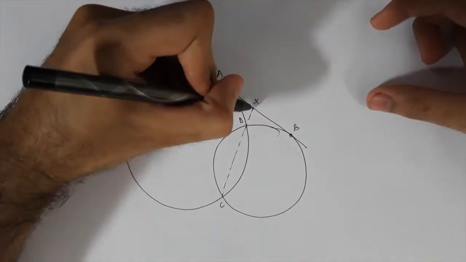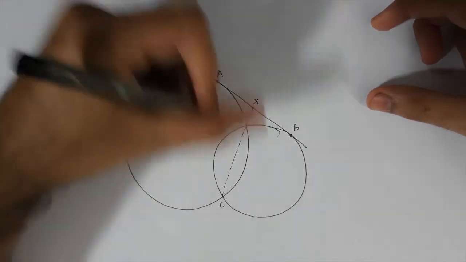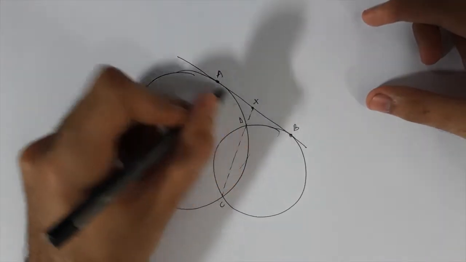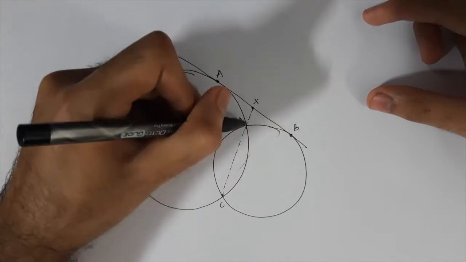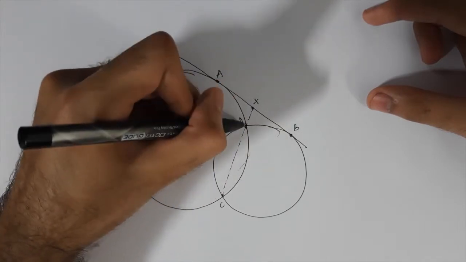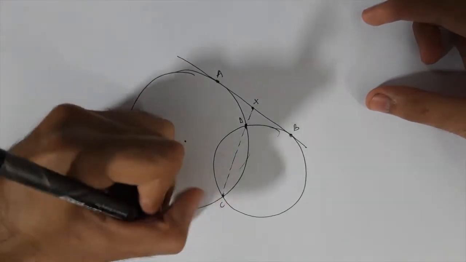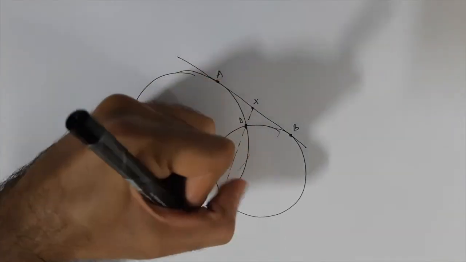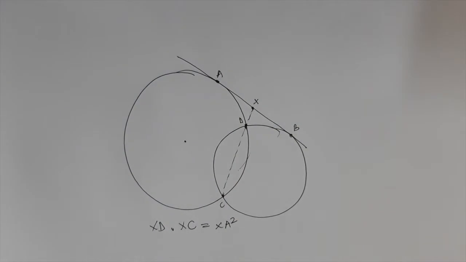First we'll write the power of X with respect to this circle, the bigger one. Since this is a tangent and X intersects here at two points, we know that the power is equal to XD into XC, and it is also equal to XA square, which we did in the tangent case.